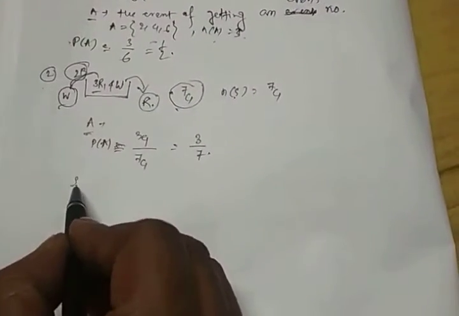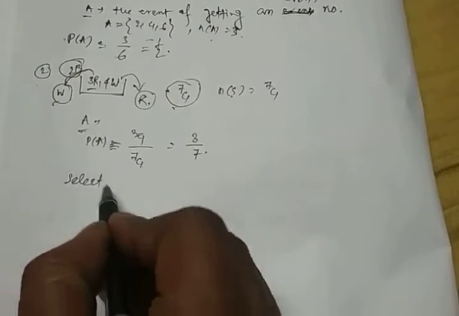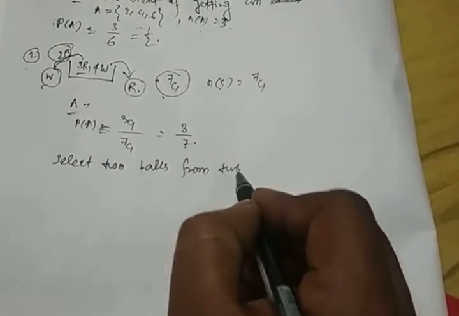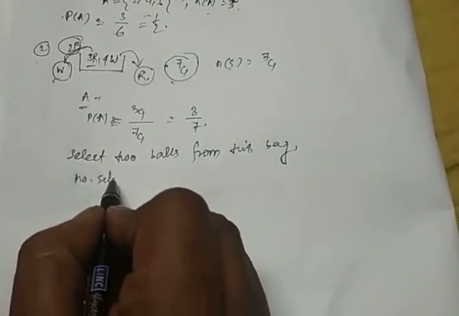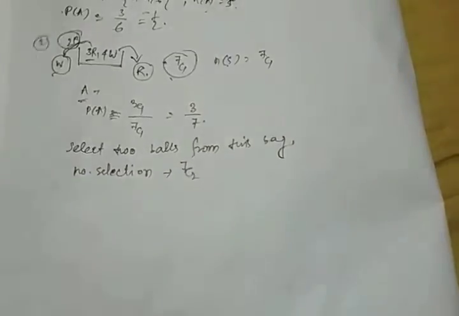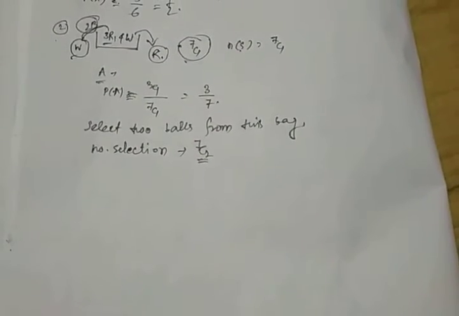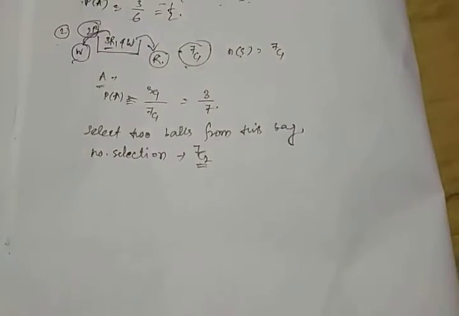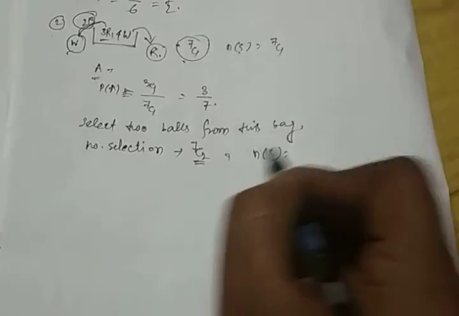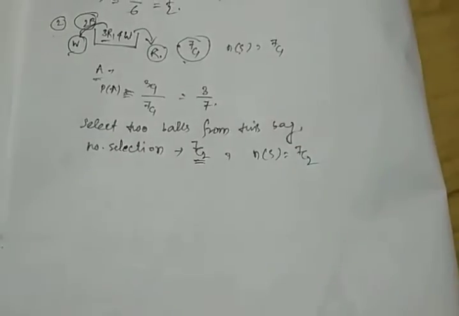If we select two balls from this bag, the number of selections is 7C2. So this will be the total number of outcomes corresponding to the experiment of selecting 2 balls. So if S is the sample space, the number of S will be 7C2.